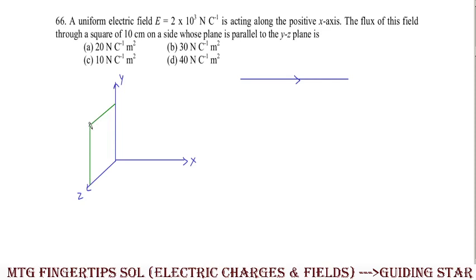So if this is the YZ plane, and this is a square-shaped YZ plane, and here in this particular case the electric field is along the x-axis. The electric field is along the x-axis.